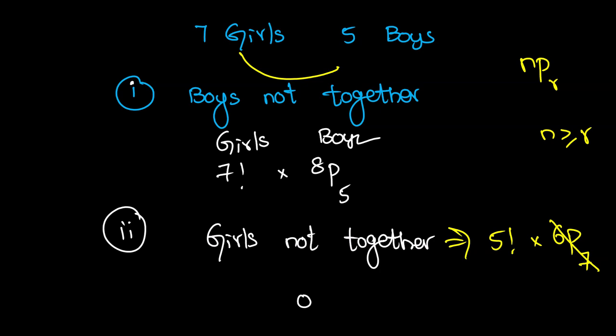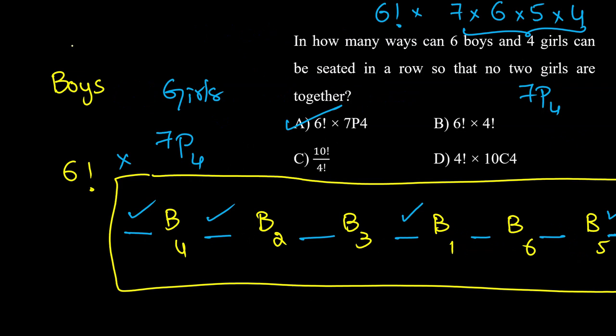In the previous question, 6 boys and 4 girls, gap is greater than or equal to 2. Now no two boys together is not possible. 0. In this question, if I ask no two boys together, not possible, because girls 4 factorial ways, 5 slots, 6 boys, no chance, 0.